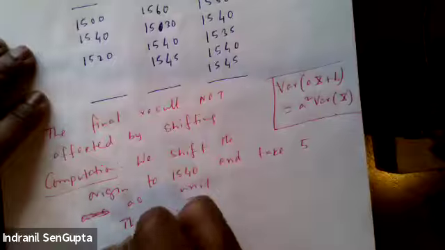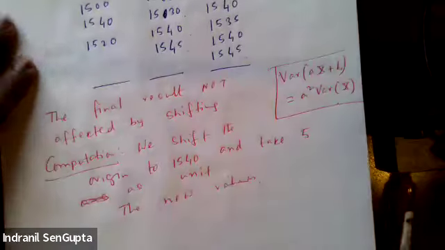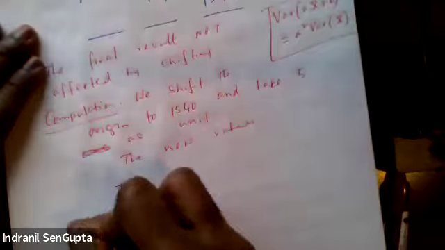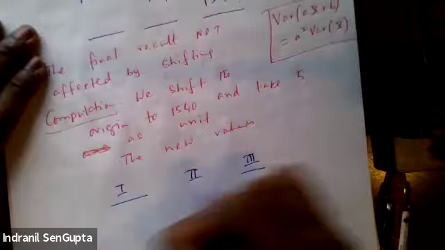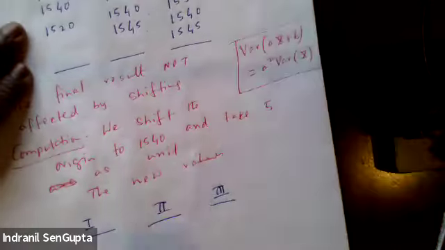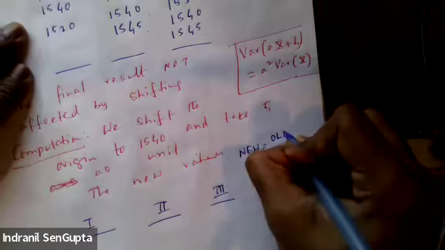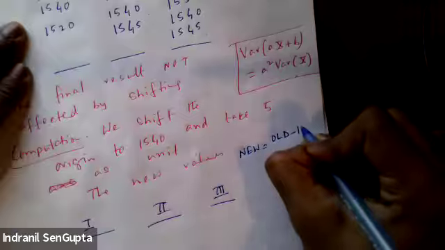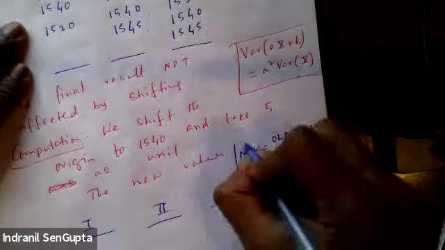The new values become the following. The first one, second one, third one. What we did is: new equals old minus 1540, divided by 5.